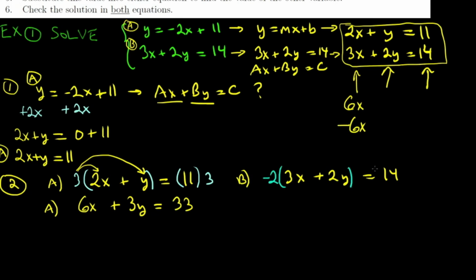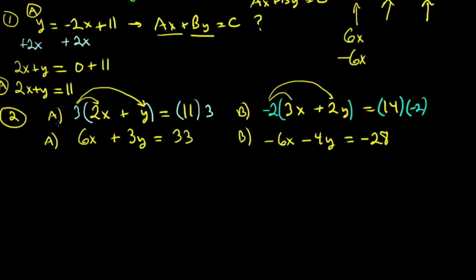So multiply both sides by negative 2. Negative 2 times 3x is negative 6x, as promised. Negative 2 times 2y is negative 4y. And on the right side, 14 times negative 2 is negative 28. So this is also just equation B rewritten.